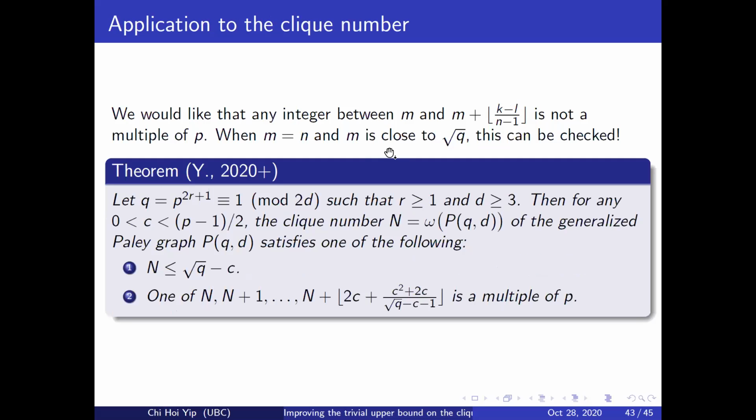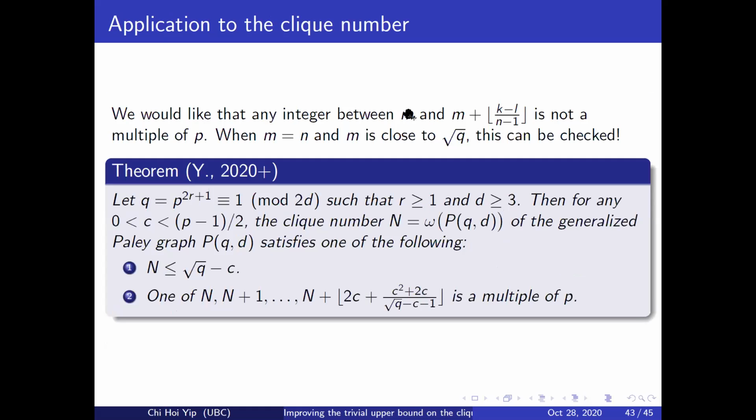So the magic is that if m is equal to n, and if m is close to root q, then because k is q minus mn, k will be very small. And again, we don't need to worry about l because k minus l can be bounded by k. Then because this number will be small, this condition 1 can be checked.